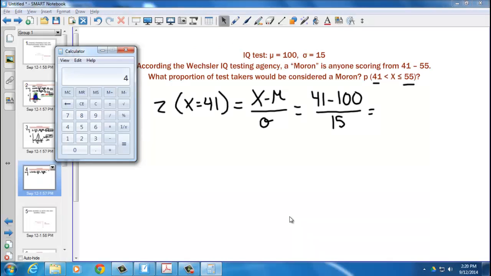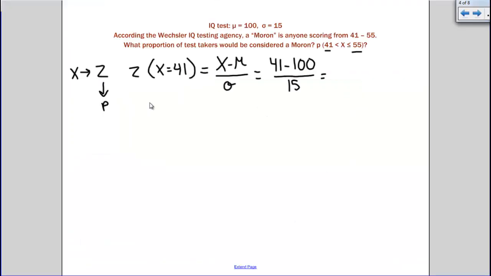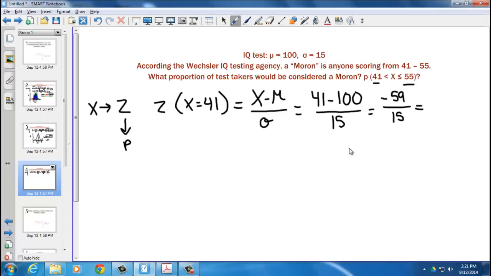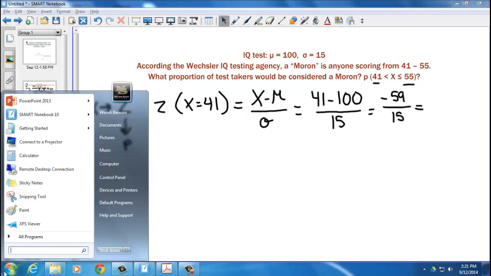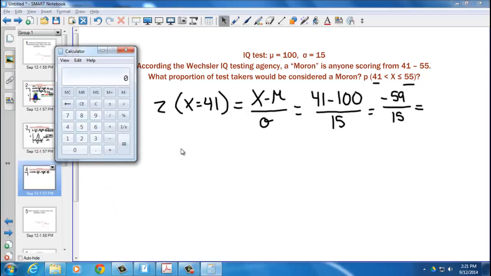I trust my calculator. All right, negative 59. So negative 59 divided by 15. Negative 3.933.